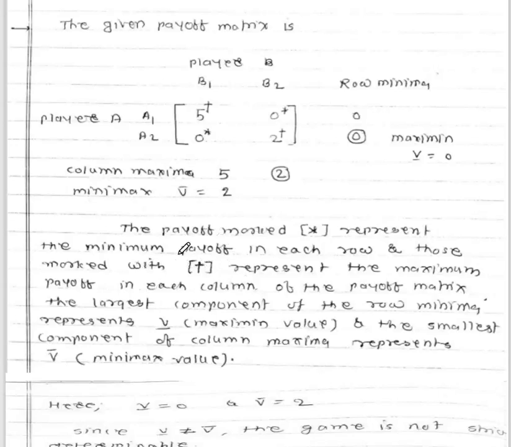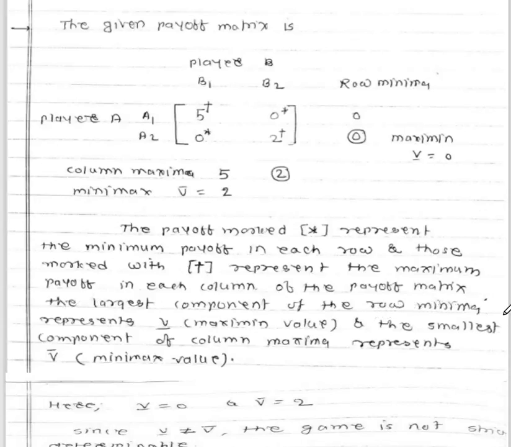In the payoff matrix, a star represents the minimum payoff in each row, and those marked with a plus represent the maximum payoff in each column.